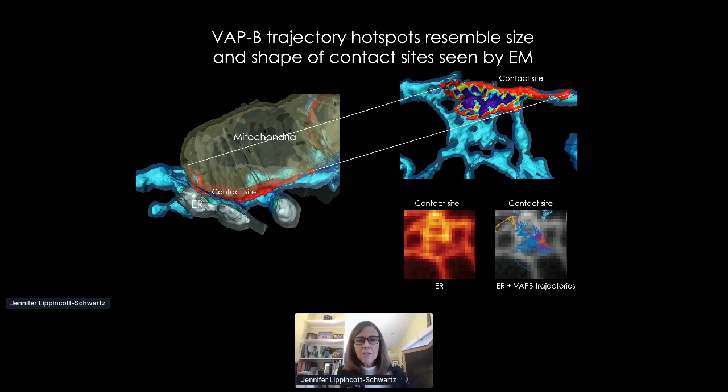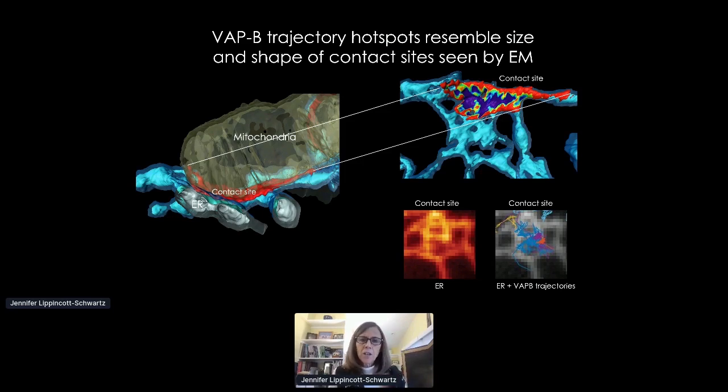Now, one of the exciting things that we're doing now in this project is looking at other ER mitochondrial contact proteins to see whether they co-localize with VAP-B and whether they show any type of spatial heterogeneity at these contact sites.